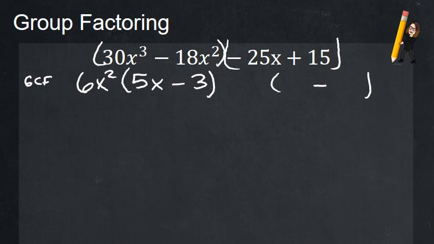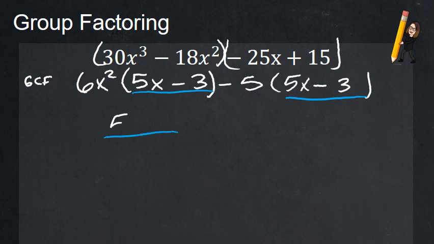If I want a minus, it means I'm going to have to take out a negative value. I can take out a 5, which leaves me with a 5x minus 3. So my goal, if I now take out that common factor of 5x minus 3, then I'm left with a 6x squared minus 5.